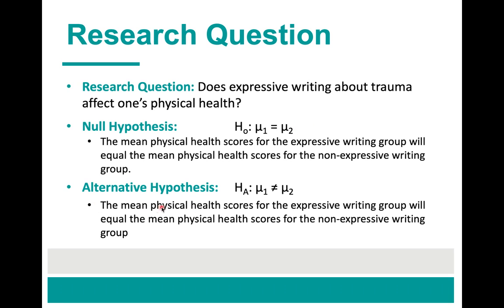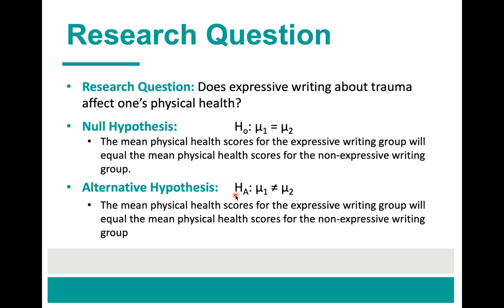But we can set up this alternative or research hypothesis, which is that something happened. Right? We engaged in expressive writing, and now group 1 is not equal to group 2. We're not sure if they're going to be lower, we're not sure if they're going to be higher, but maybe they end up being not equal. So we start with the null, and we hold on to the null, and we only move to support the alternative if the data suggests that we should.